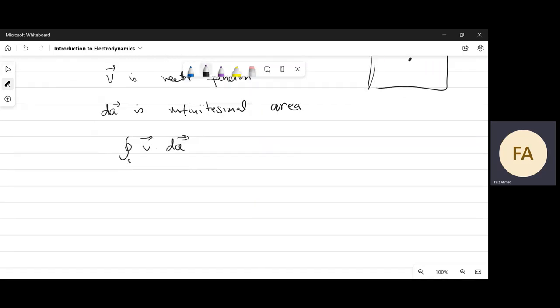So what is the meaning of the surface integral, or how can we imagine this quantity?